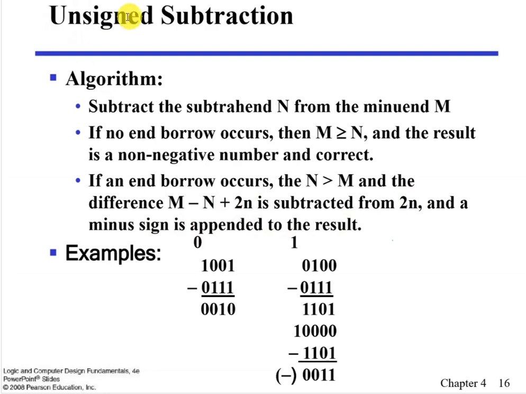So when we perform unsigned subtraction, we have case 1 when the minuend is greater than or equal to the subtrahend, and case 2 when the subtrahend is greater than the minuend. Then we have to do one more step to obtain the correct answer. 2^n here represents the value of the borrow into the most significant position.